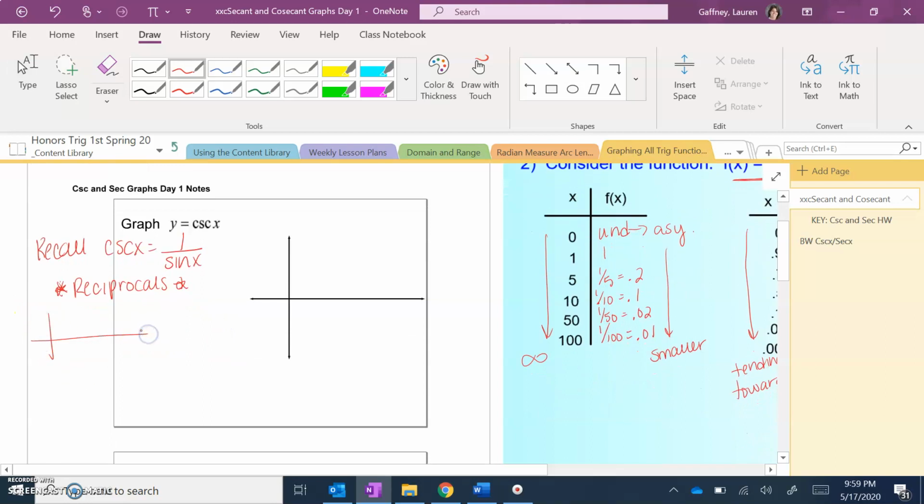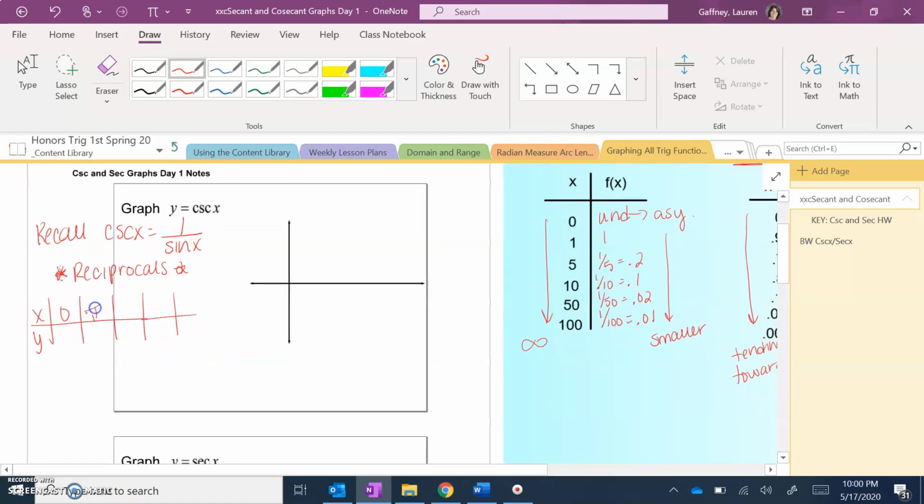If we talk about what's happening here, we don't have any vertical or horizontal shifts. Our amplitude's technically 1. I'll show you in a later example what we do if any of those things occur. But let's talk about the chart that would occur for sine. We have 0, pi over 2, pi, 3 pi over 2, and 2 pi. The values for sine would be 0, 1, 0, -1, 0.